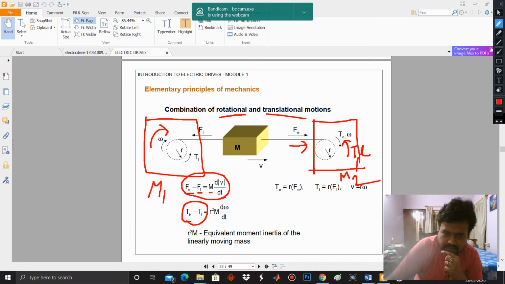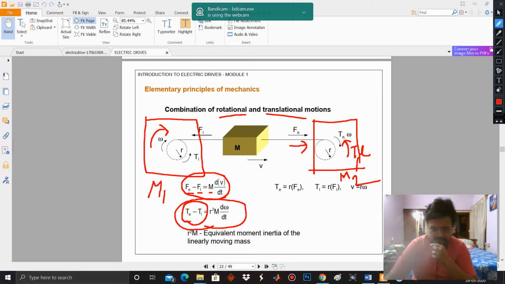This is the linear motion equation, and this particular equation is the angular motion equation. This figure is given in order to give you an idea how translational motion and rotational motion are linked with each other.